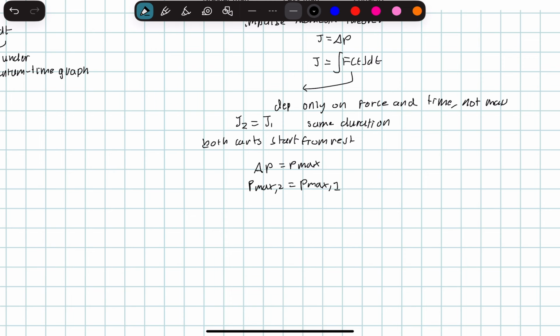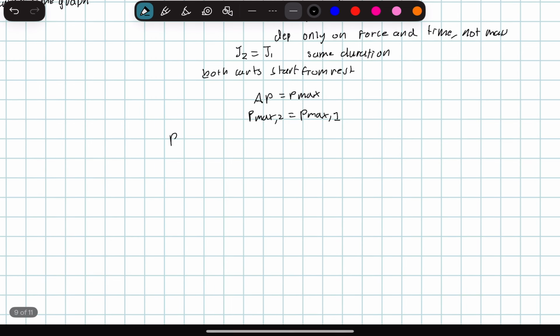Now address the mass difference. Well, we know from p equals mv that a heavier mass means smaller acceleration, and a smaller acceleration is going to mean a smaller velocity, right?